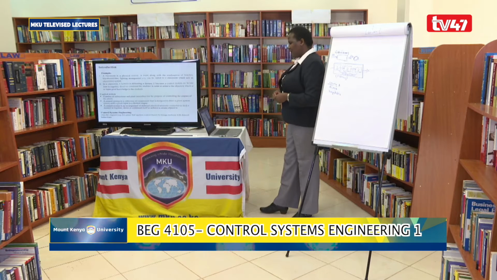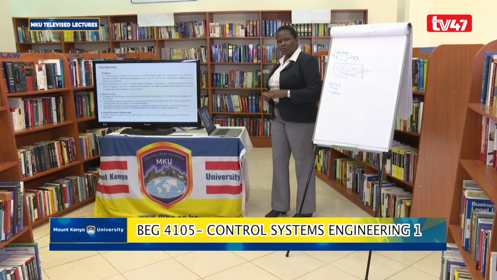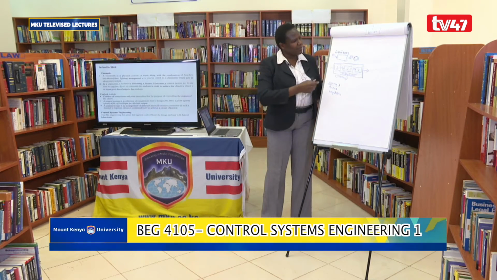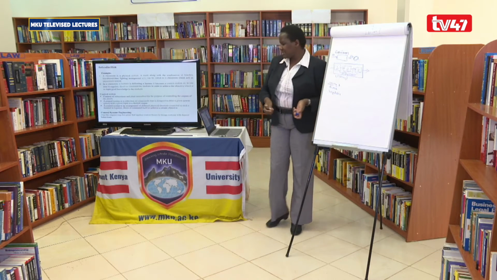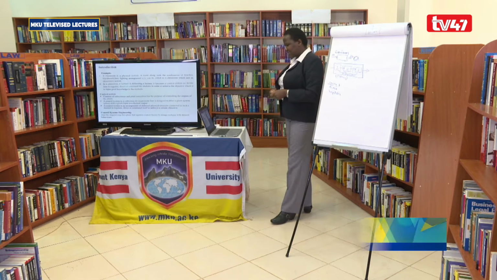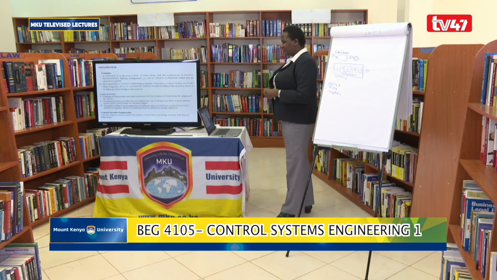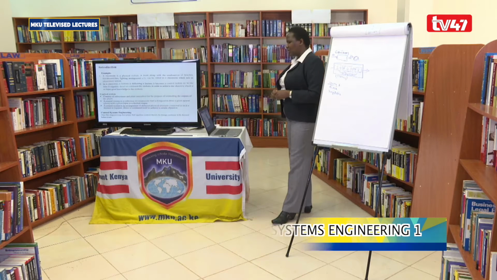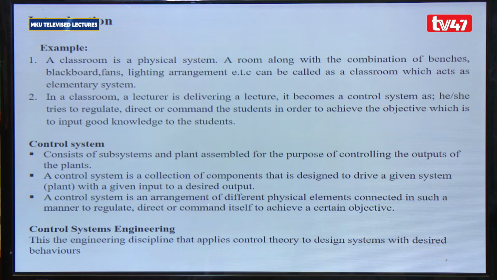Now when you talk of a control system, we have a combination of control and systems. We give a definition: it consists of subsystems and plants assembled for the purpose of controlling the outputs of the plants. Another definition is that it is a collection of components designed to drive a given system or plant with a given input to a desired output.